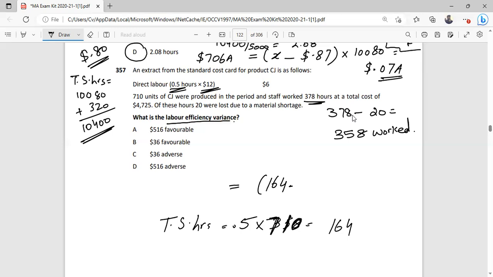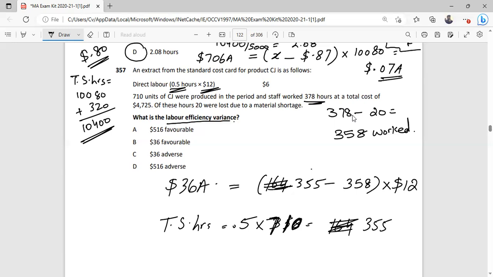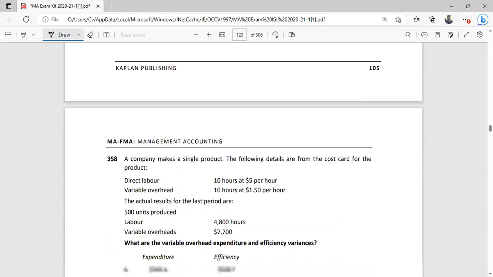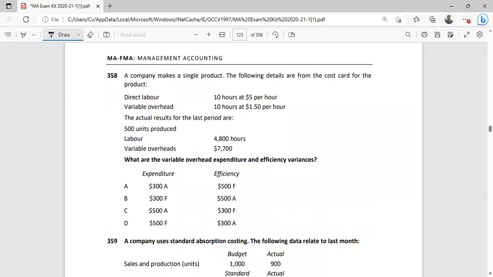So we have total standard hours of 355 minus actual hours worked, 358, into standard rate of 12. Actual hours are greater than the standard hours, that's why it is adverse, with $36. C is the right answer. We should consume 355 hours, but we consumed 358 hours, so we have an adverse variance. Any question?